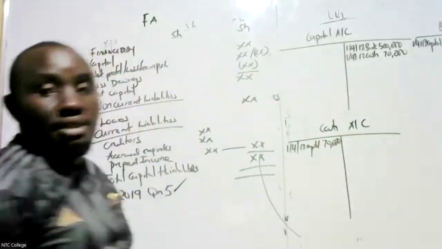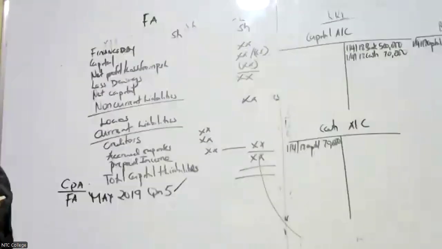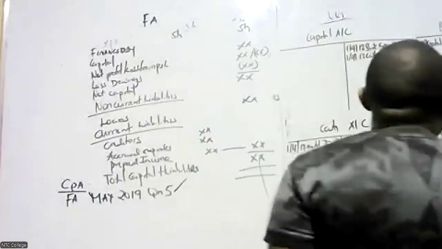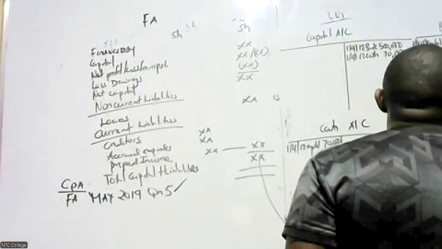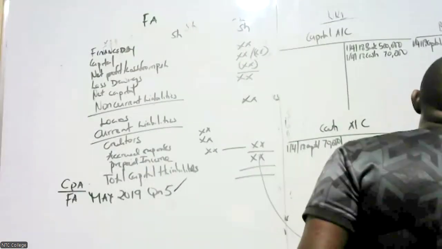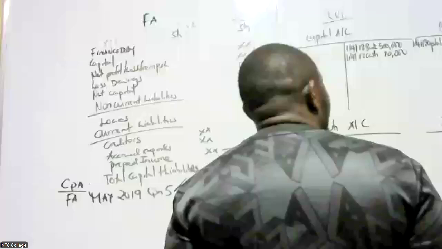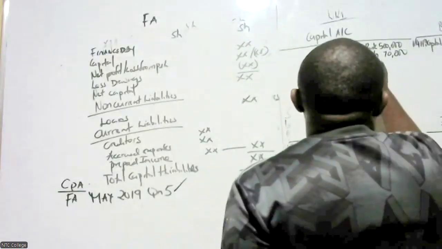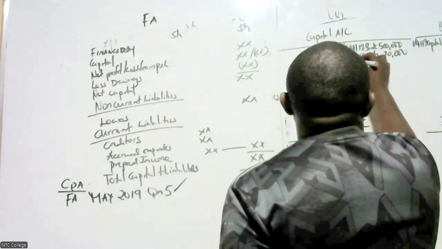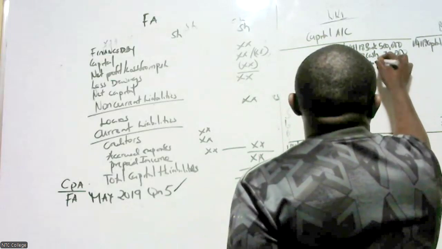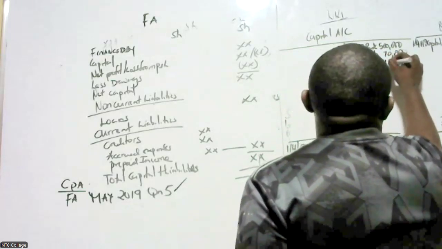Tunaelewana hapo? Are we together? Tunaelewana hapo. Then equipment worth 150 from his house. So that is also capital, but then we open equipment. On 1/4/18 we have equipment, that is 150.